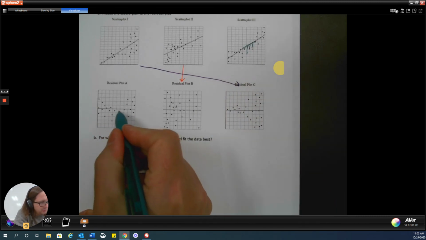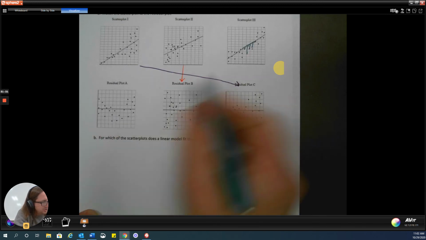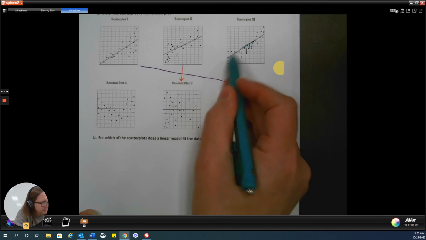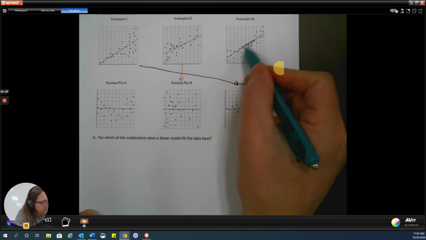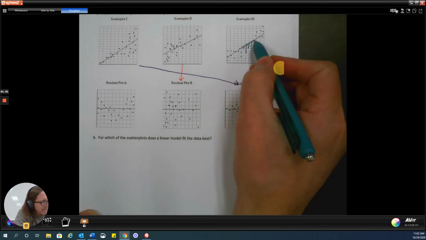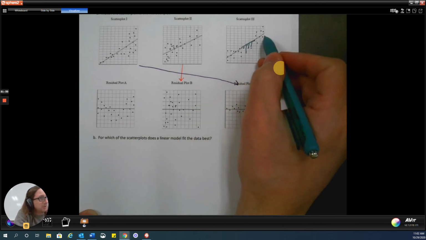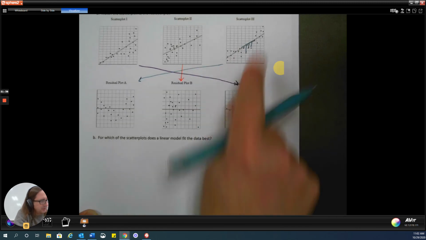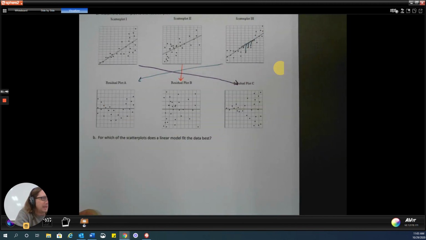So we started off where the residuals were above and below, then we got to a section of the graph where all the residuals were below the line, and after that, we had some above and some below. So that would be this one. Scatter plot 3 goes with the residual plot A.